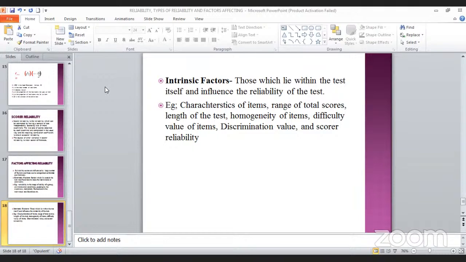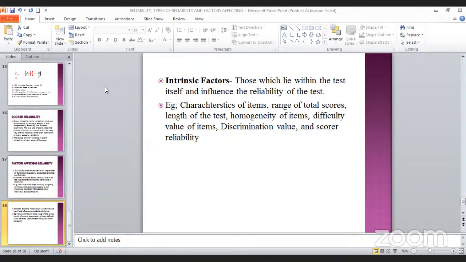So, yes, sir. Here is the slide. Length of the test. Is there a fixed number of items? Or how do we know that? Roman, your question was not clear. Yeah, length of the test. Also an intrinsic factor, is that not?